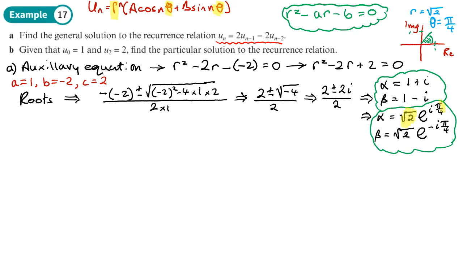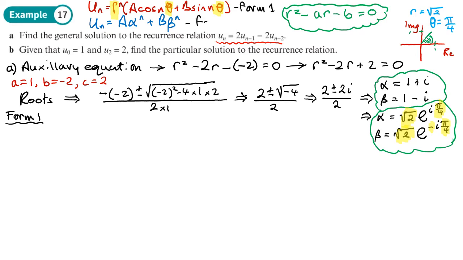Then the other form is written like this: un equals a alpha to the power n plus b beta to the power n. Actually this is the same form as when we have two real roots, where we have alpha and beta. We could actually use the exponential form of the roots, but we're going to use this form here and write both forms. Okay, so let's call this form 1, or type 1.